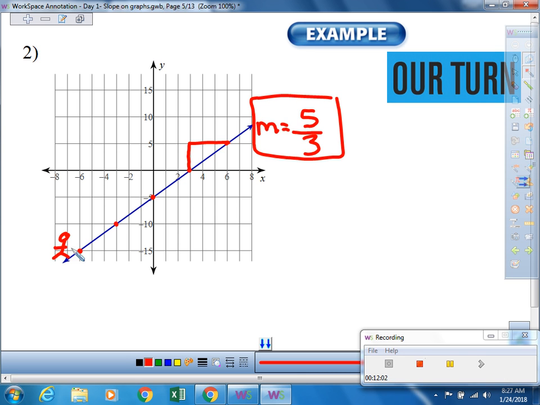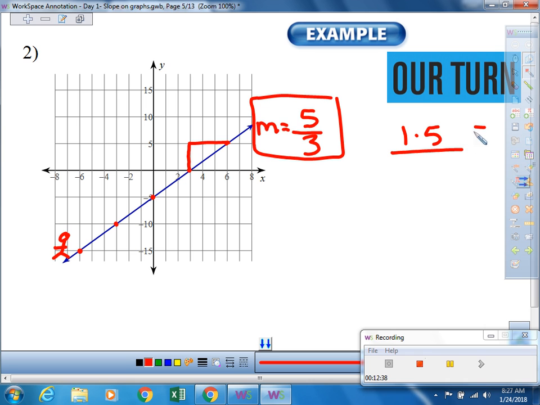All right. So I'm going to show you another way to do this. So how many did you go up? You went up 1, right? 1 unit. You can also times that by the scale. What's it being counted by? 5.